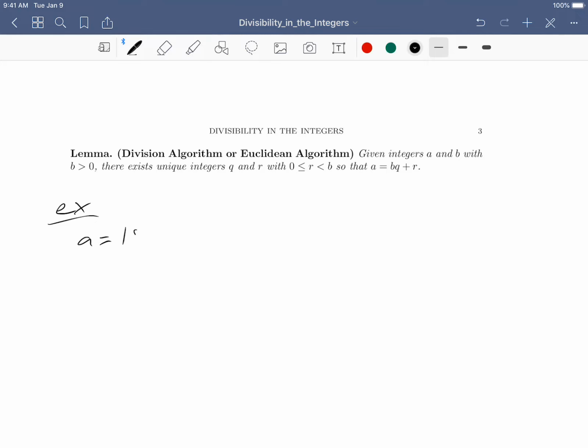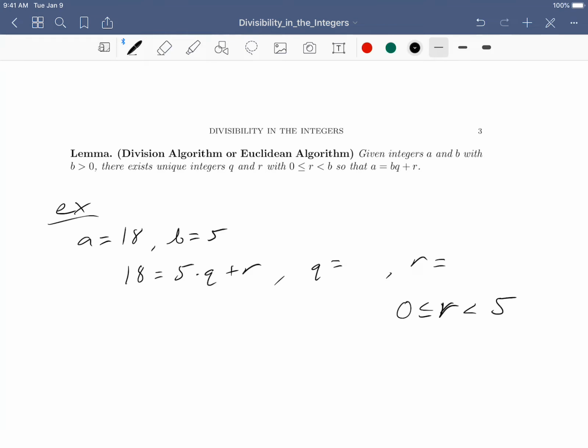If we choose a is 18 and b is 5, then what this division algorithm is telling us is that there should be a q and an r so that 18 equals 5 times q plus r, and we're going to figure out what q is. And we have to remember that r is supposed to be between 0 and b, less than b, greater than or equal to 0.